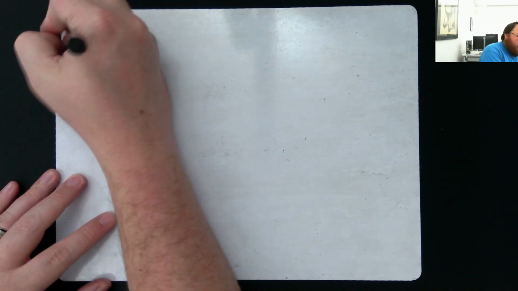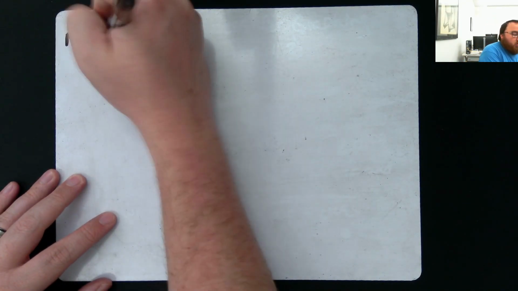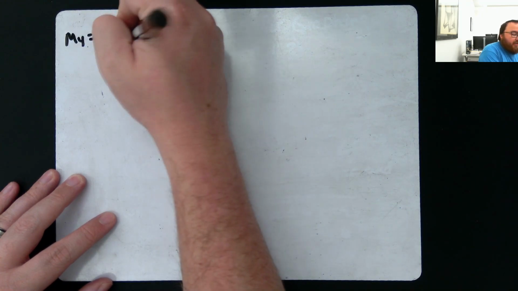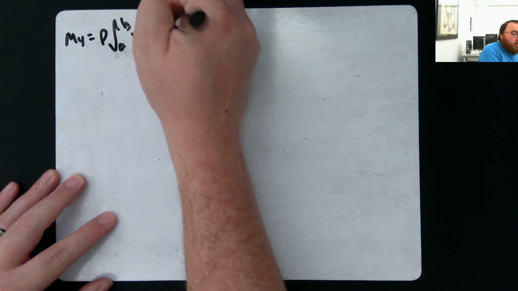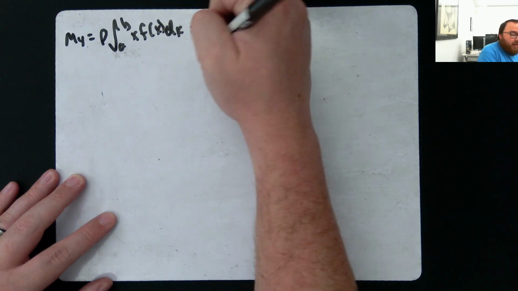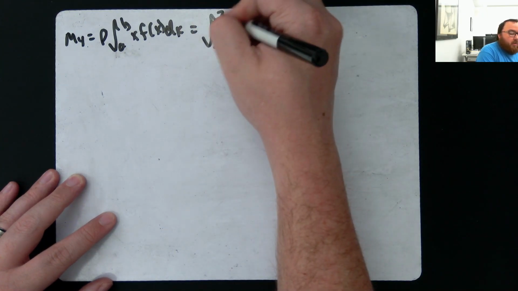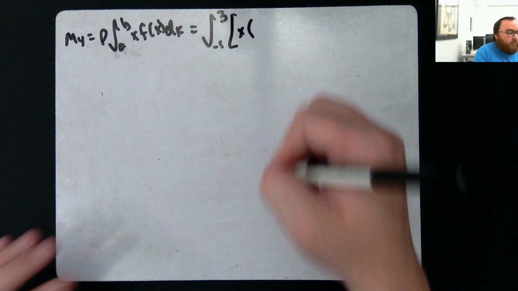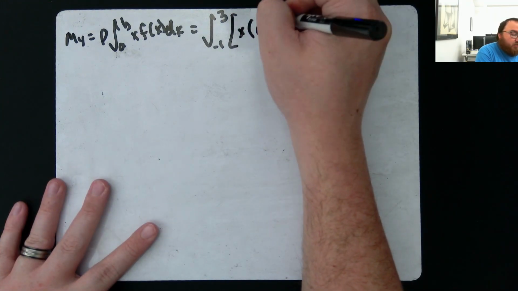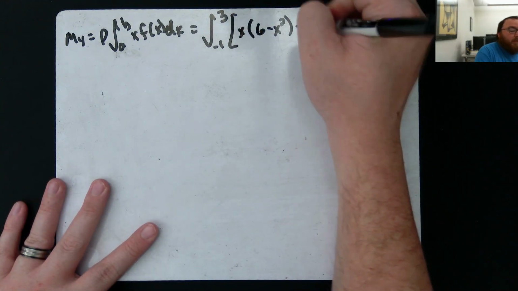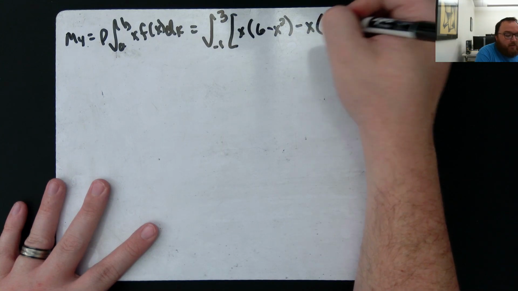For the moment about y, remember that's rho, integral a to b, x f of x. Rho is 1. My bounds are negative 1 to 3. X times my top graph. Again, my top graph is 6 minus x squared minus x times my bottom graph, which was 3 minus 2x.